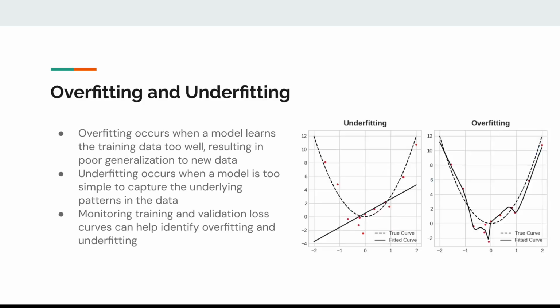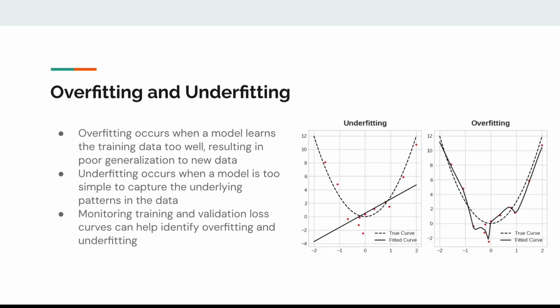Now, when training a neural network, we need to be careful about two common problems: overfitting and underfitting. Let's begin with overfitting. Overfitting happens when a model memorizes the training data instead of learning actual patterns.